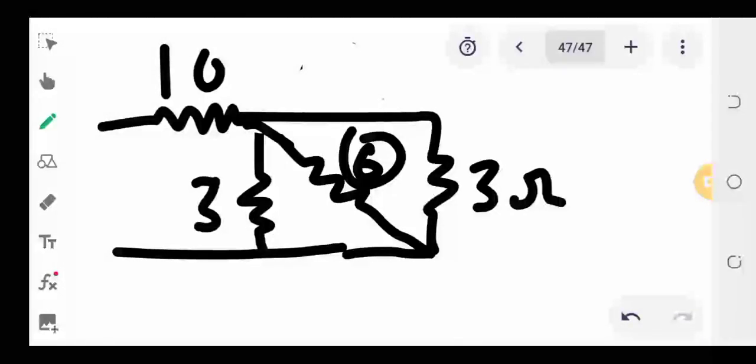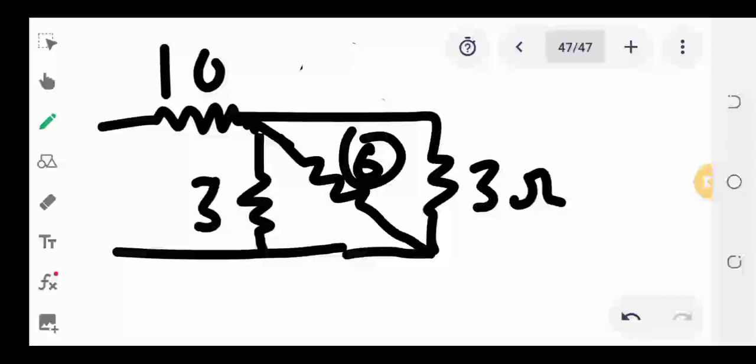So now let us observe the 6 ohm resistor. We have already discussed that when two resistors share 2 nodes, we are as good as saying they are in parallel.